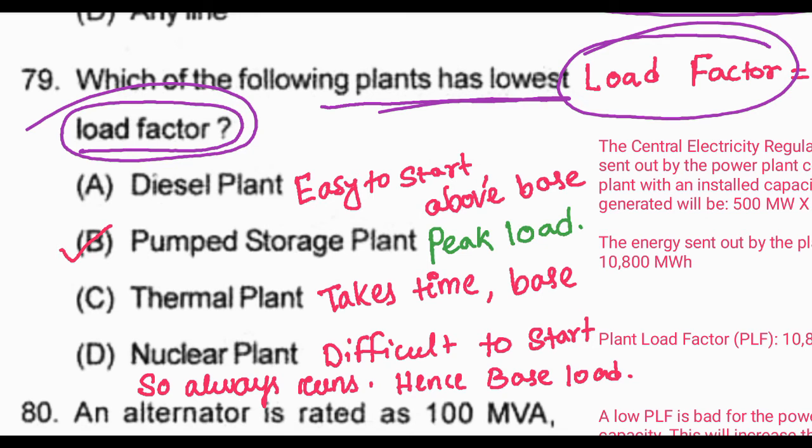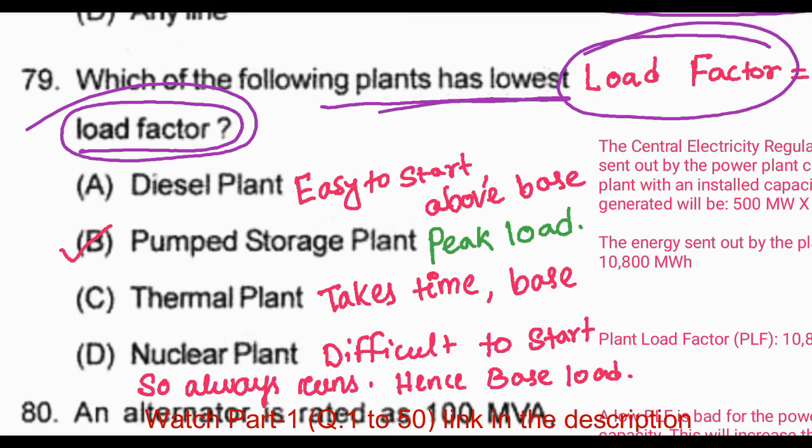In the case of thermal and diesel, thermal is somewhat easier than nuclear, and the diesel plant is easier to start. So the thermal plant is also a base load plant, but the diesel plant is above that base load.